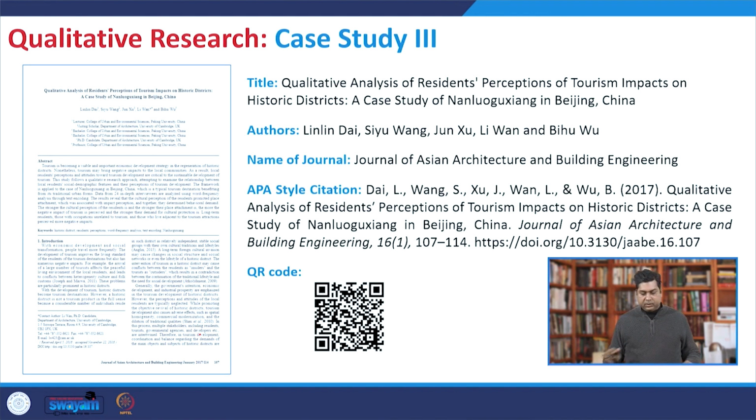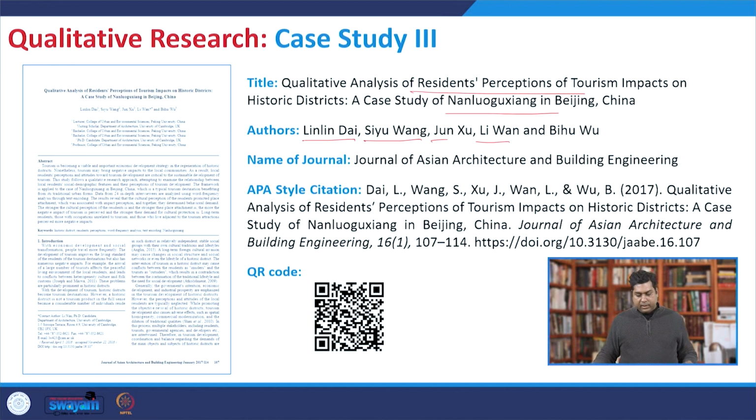This is the paper titled Qualitative Analysis of Residents' Perception of Tourism Impacts on Historic Districts, a case study of Nanluoguxiang in Beijing, China. The authors are Linin Dai, Xiu Wang, Zhongzhu, Li Wan and Bihu Wu.